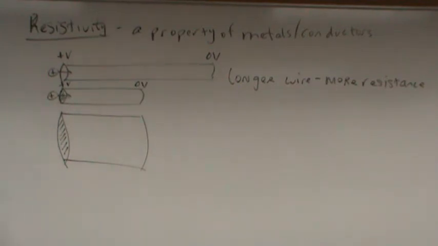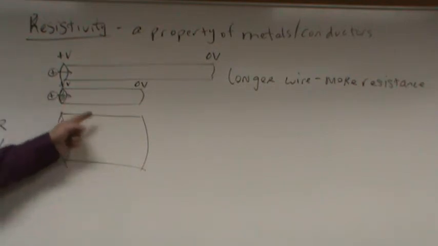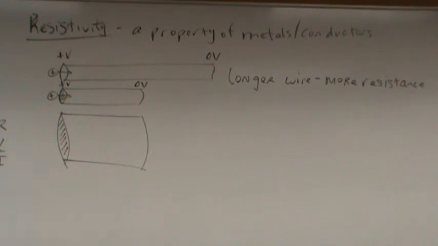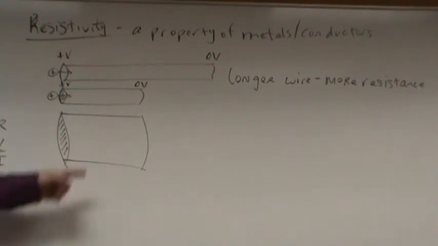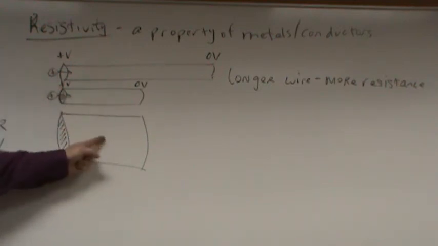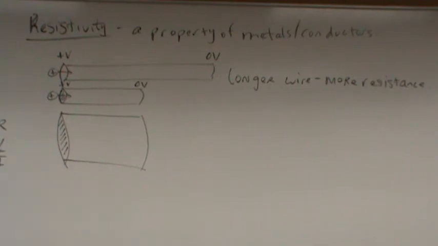And I just want to remind you, since V equals IR, I can solve for R, and I get R equals V over I. So more current means less resistance. Less current means more resistance. Which of these two wires has less resistance? Who's got less resistance?